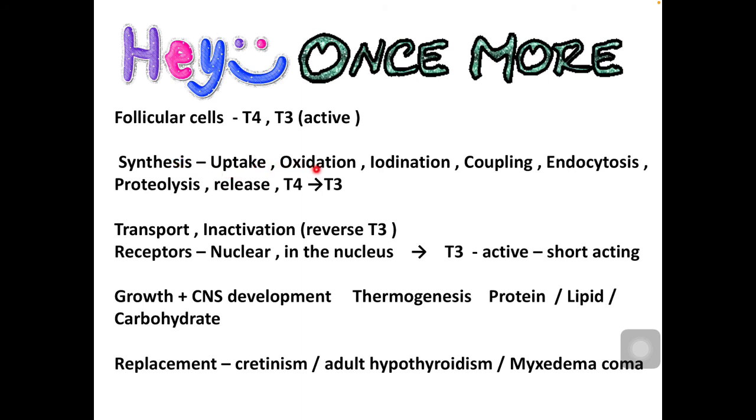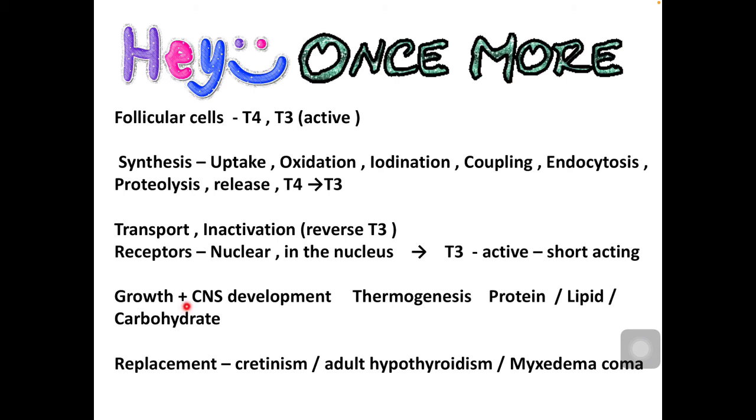Synthesis: the iodide uptake, oxidation, iodination, coupling, endocytosis, proteolysis, release, conversion of T4 to T3 in the peripheral tissues. Transport by binding to plasma proteins, thyroxine binding globulin, transthyretin, and albumin. Inactivation, receptors are nuclear in nature.